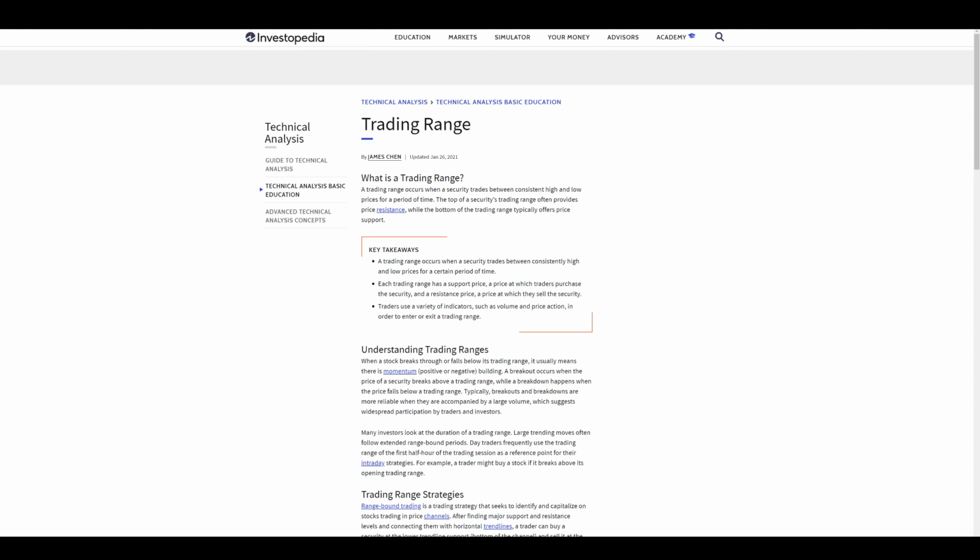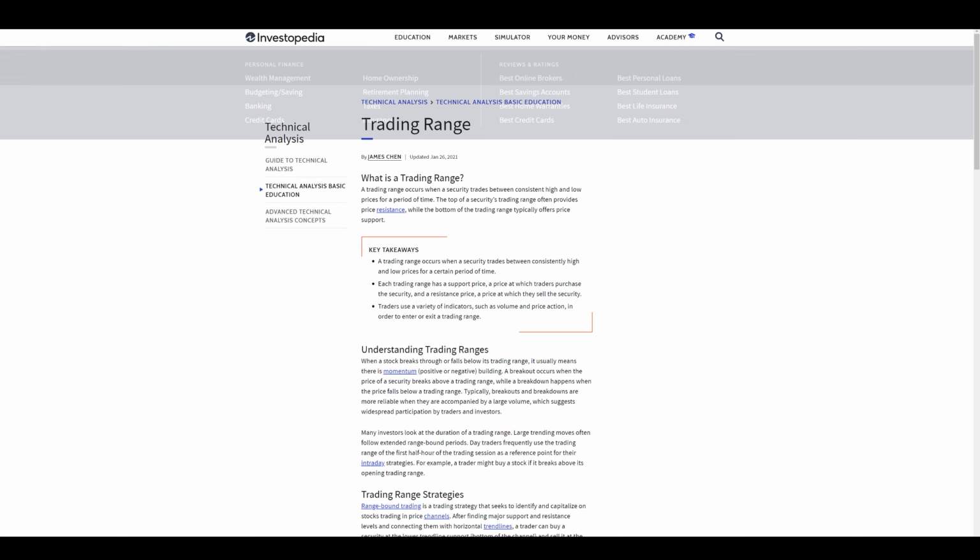So what we're talking about here is we have consistent high and low prices for a period of time, and we do have a ceiling or a top and a bottom or a floor, however you want to call it. And these act as support and resistance.